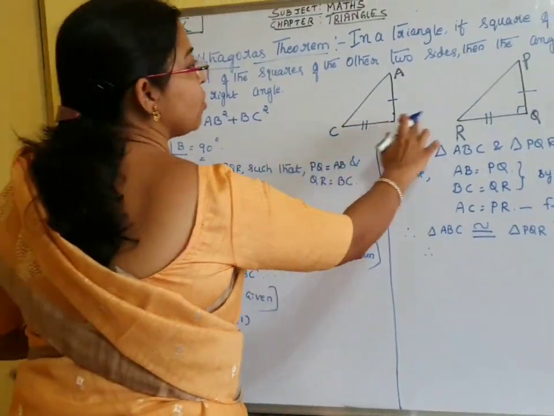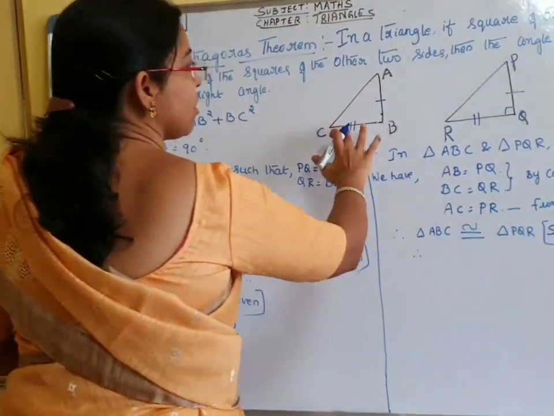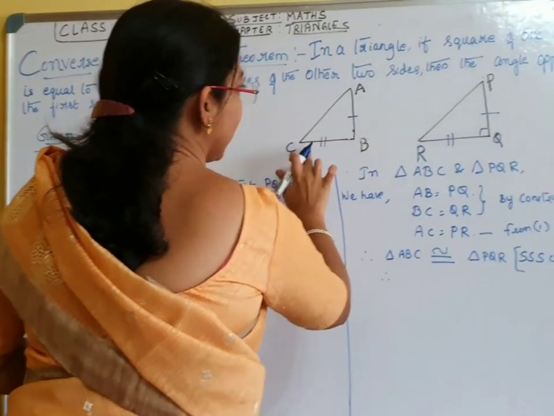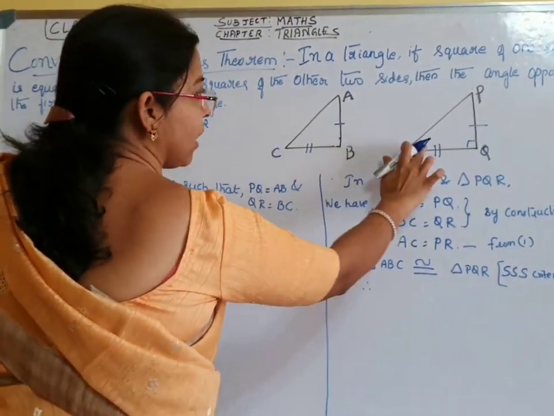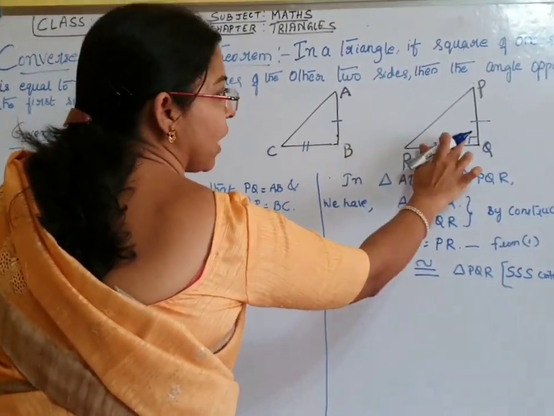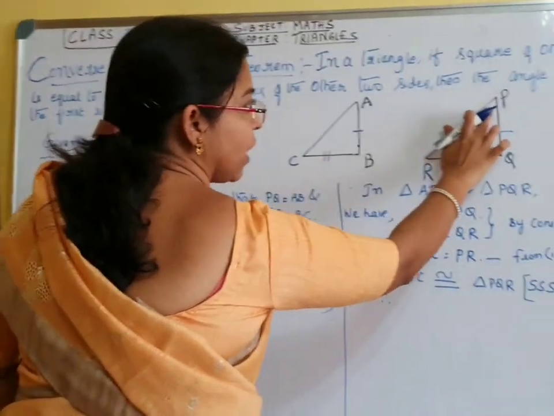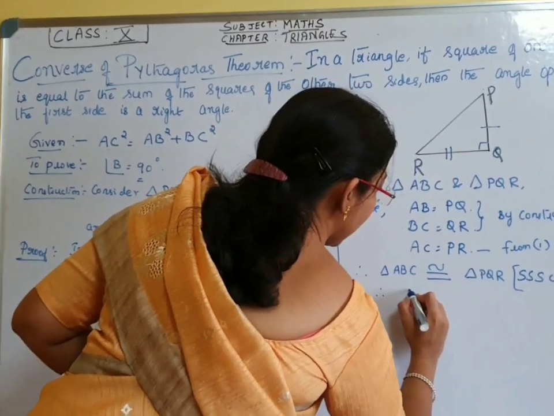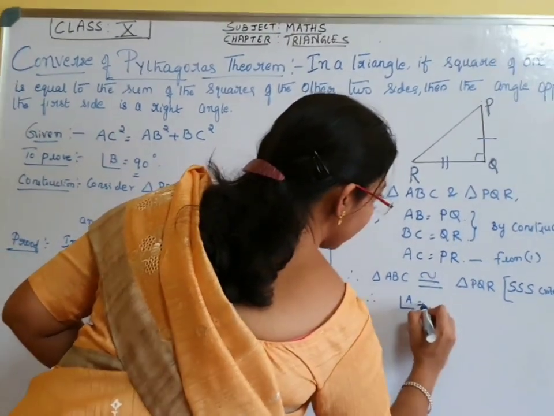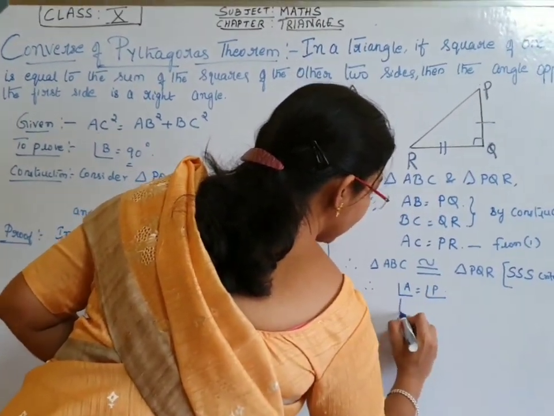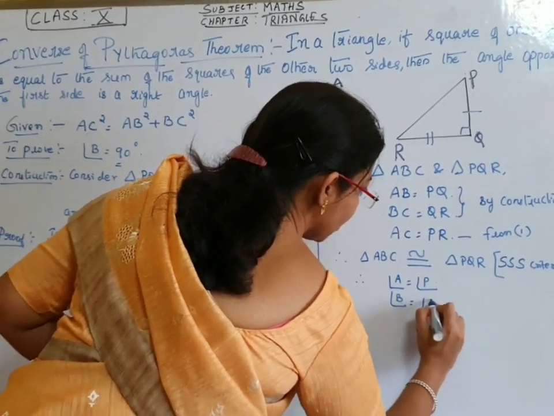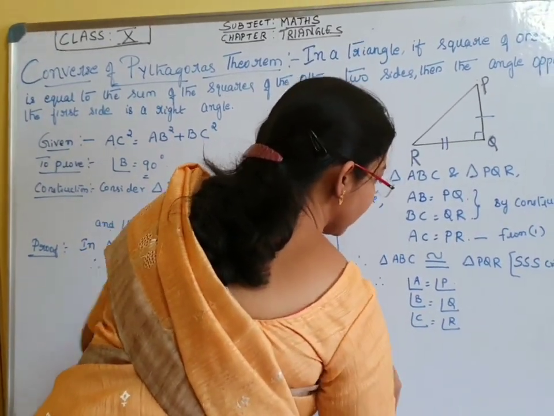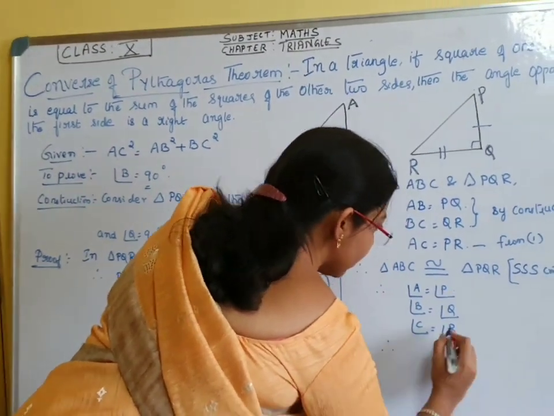Therefore, once these two triangles are congruent, the corresponding sides will be equal, corresponding angles will be equal. Corresponding angles are, angle C will be equal to angle R, angle B will be equal to angle Q, angle A is equal to angle P. Angle A is equal to angle P, angle B is equal to angle Q, angle C is equal to angle R. Why is this?